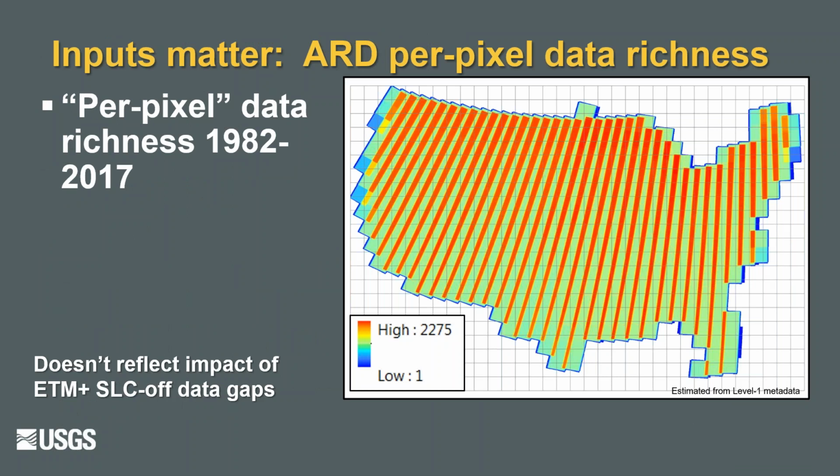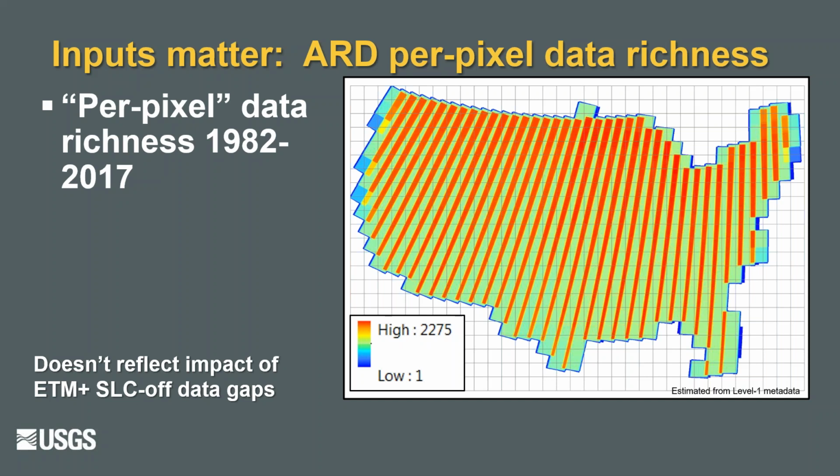I won't go into this in a lot of depth, but inputs matter. We actually do have an archive that has varying data richness, or as I would call it, data frequency. So the number of pixels through time is going to vary depending on where you are in the United States.